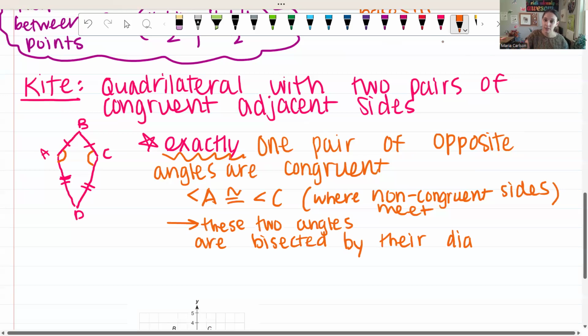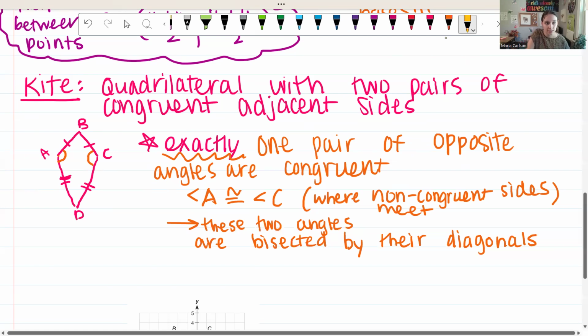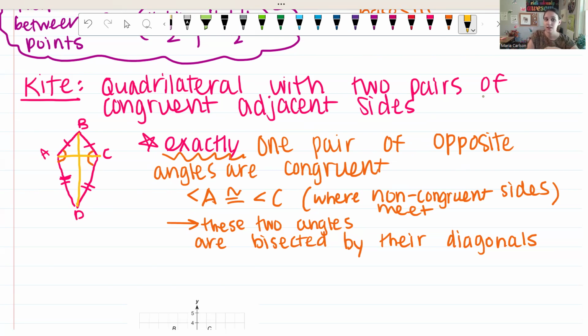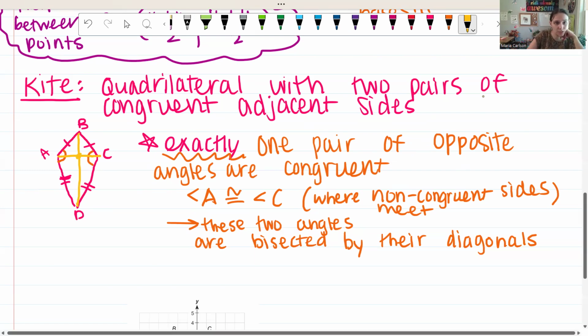There are two diagonals in this shape: diagonal AC and BD. So here we now know that A and C have been bisected by segment AC. And I'm going to label this point in the middle, just in case we need it. This will be point E.